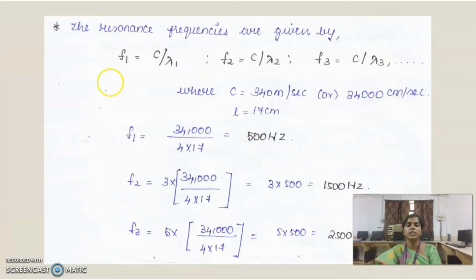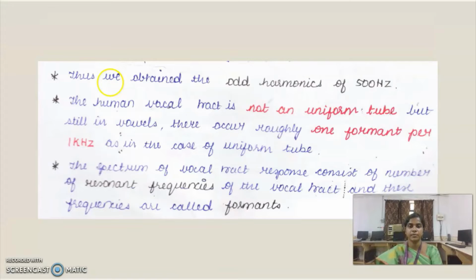So for an adult with a vocal tract length of about 17 centimeters, the first formant appears at 500 Hz, the second at 1500 Hz, and the third at 2500 Hz. Though we successfully analyze our vocal tract using a uniform tube, please note that the human vocal tract is not uniform in nature, and practically roughly one formant appears every 1 kilohertz.